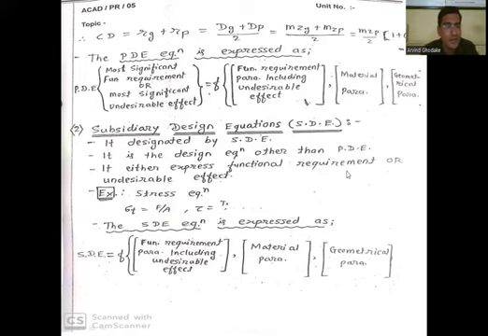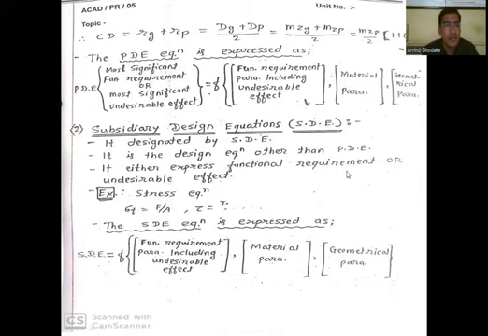The second category is the subsidiary design equation, designated by SDE. It is a design equation other than the primary design equation. It expresses either a functional requirement or an undesirable effect. For example, the stress equation is called a subsidiary design equation, that is sigma T equals force upon area.